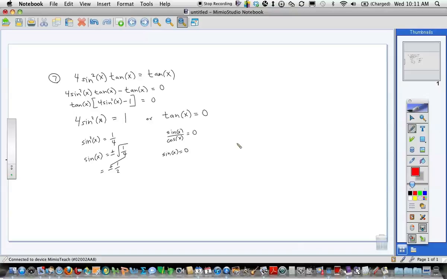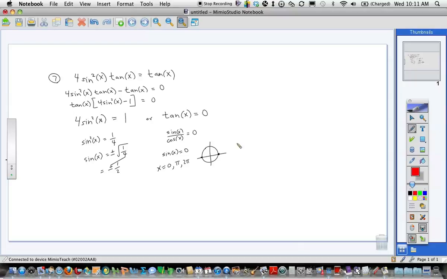Well, now that goes either to the unit circle. Sine is the y coordinate on the unit circle. So y is 0 either there or there, which would be at 0, pi, 2 pi. What were our limits on number 7? 2 pi.